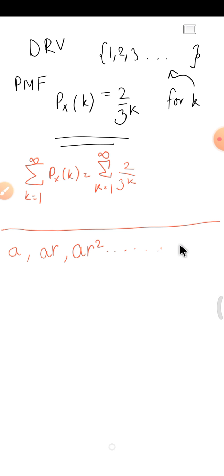Here our a is 2 by 3, and we are multiplying it by 1 by 3. So our second term would be 2 by 9, then 2 by 27, 2 by 81, and it goes on.